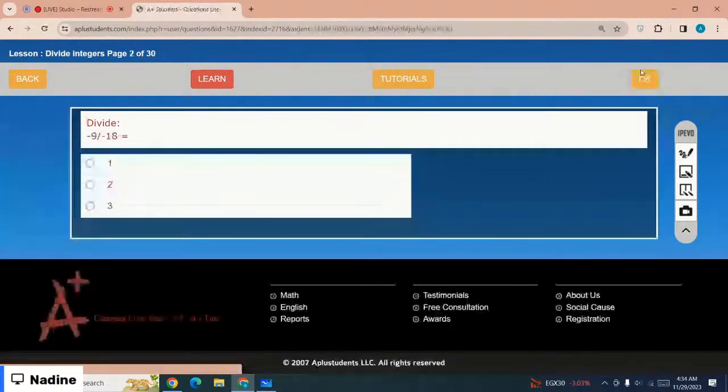Okay, negative 18 divided by negative 9, which is the correct option? You have to divide negative 18 by negative 9.